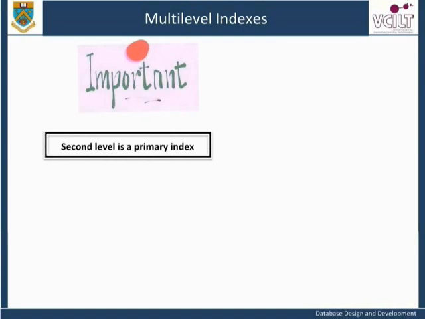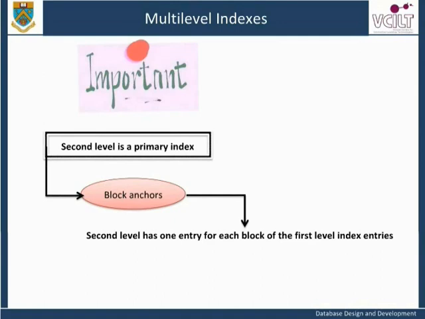Because the second level is a primary index, we can use block anchors so that the second level has one entry for each block of the first level index entries. The blocking factor bfr_i for the second level and for all subsequent levels is the same as that for the first level index, because all index entries are of the same size.